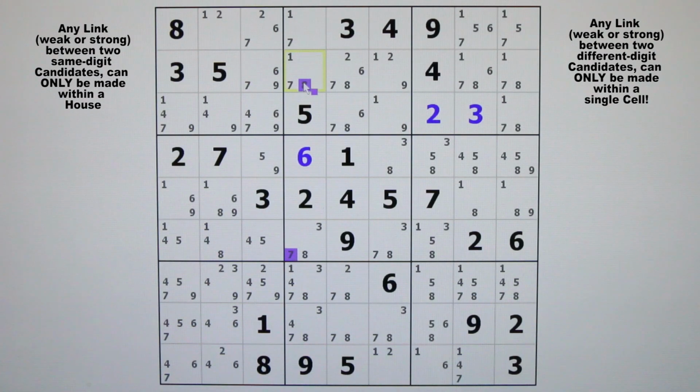The only way there can be a link between 2 different digits is if they are within the same cell. So there's a link between this 7 and this 8, but there's no link between this 7 and that 8. And there's a link between this 7 and this 3, but there is no link between this 7 and this 3, even though they are in the same house. You cannot link 2 different digit candidates unless they lie in the same cell. Okay, I hope that's clear.